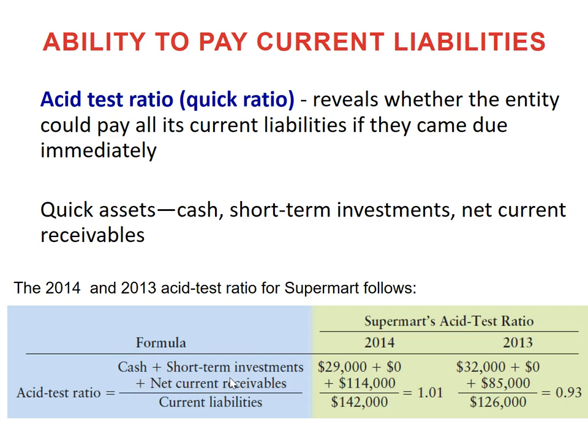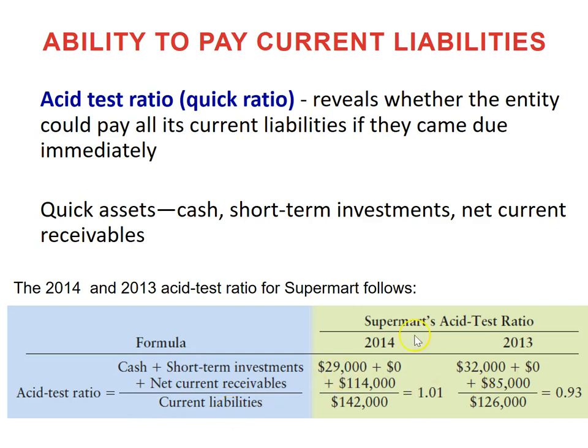Usually for your current assets you may have marketable securities, but here you are not considering that. You are just taking very pure, very quick, very liquid assets, also known as quick assets: cash, short-term investments, and net receivables. You take the total of these three items, then divide it by current liabilities.